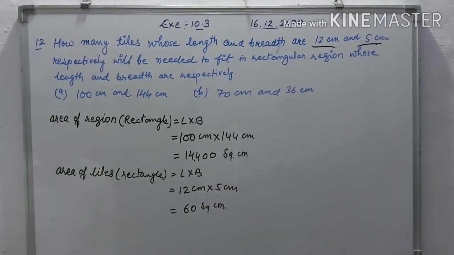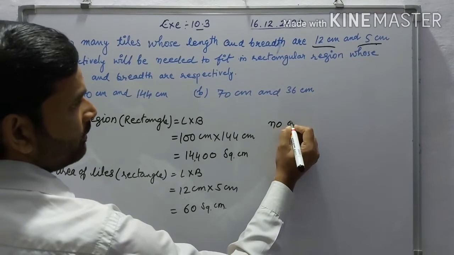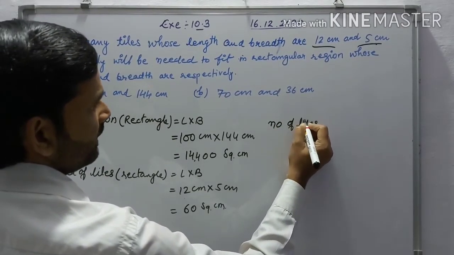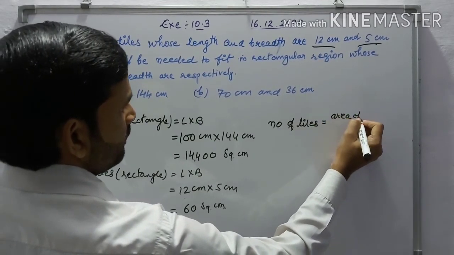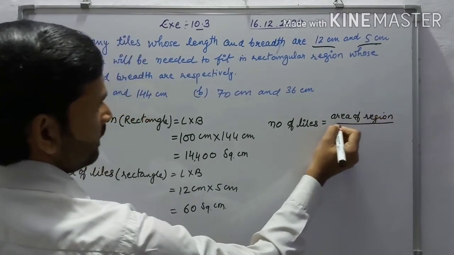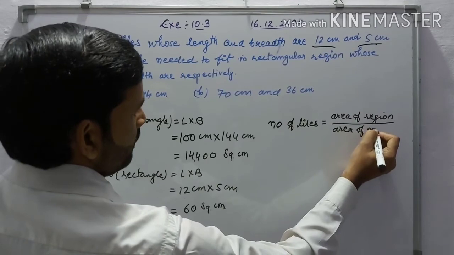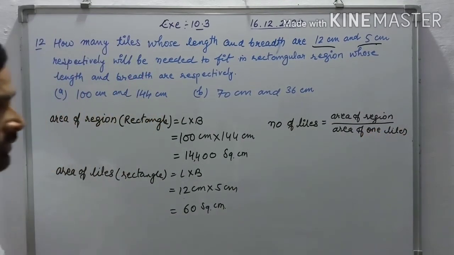Okay, now the number of tiles is equal to the area of the region divided by the area of one tile.